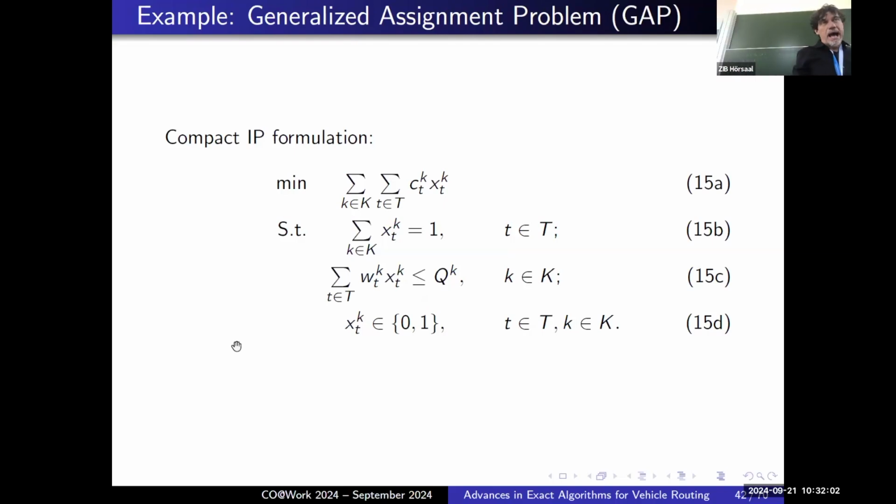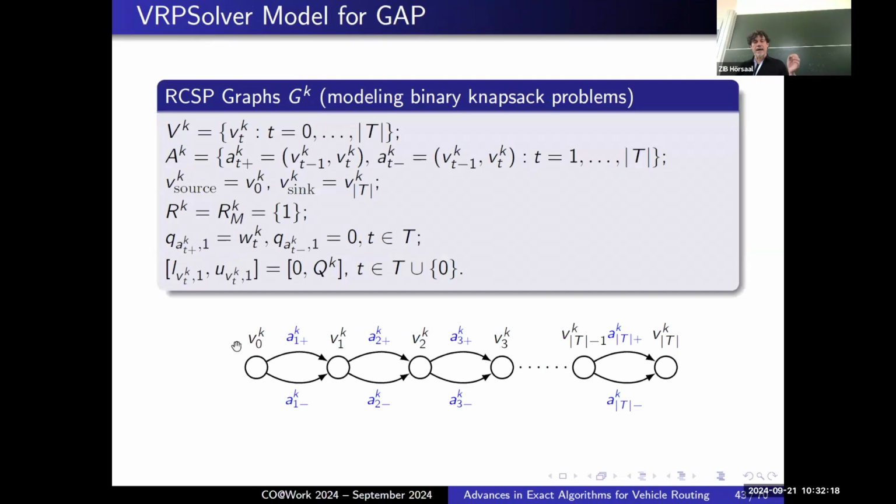Okay. And how do we model this using VRPSolver? First, we are going to define a graph that will represent the knapsack constraints. The idea is that we are going to have graphs, one graph for each machine, that will model the knapsack constraint for that machine.